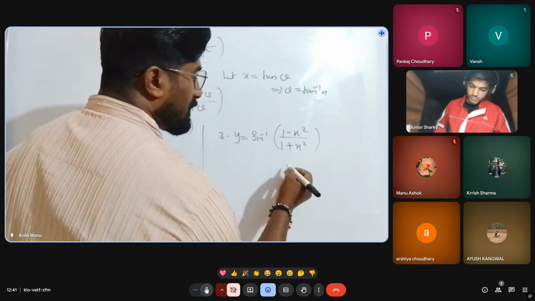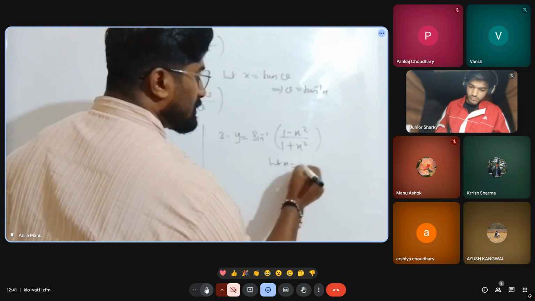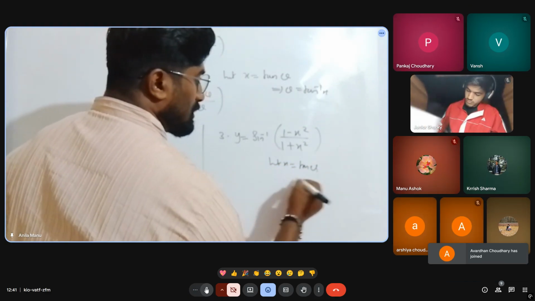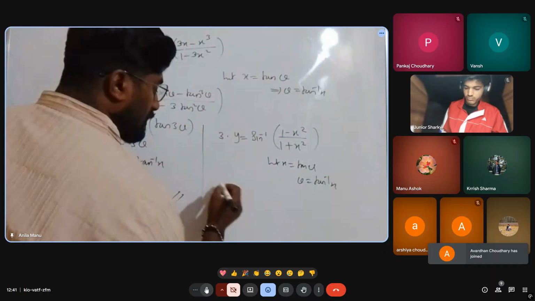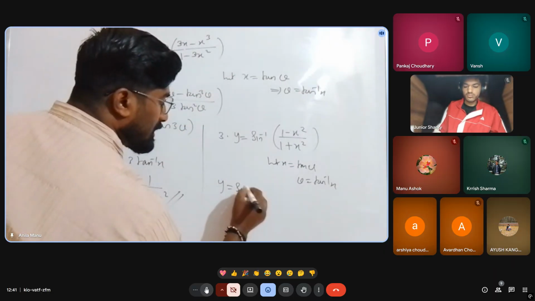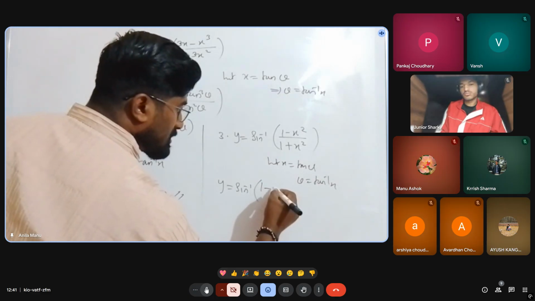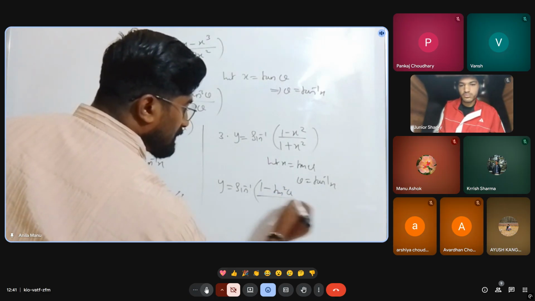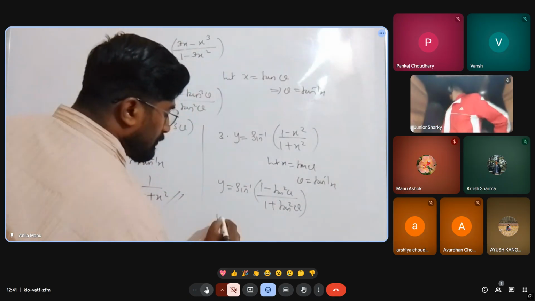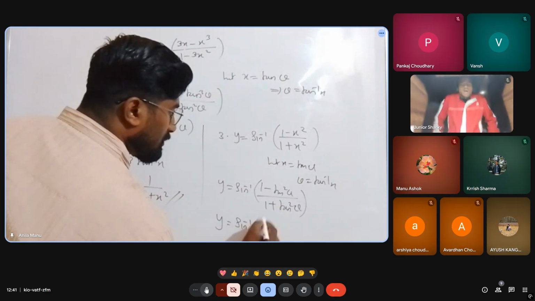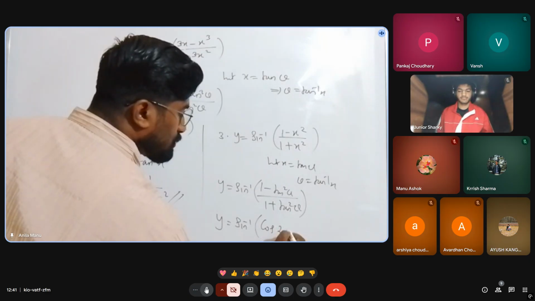So you can take x is equal to tan theta, so theta is equal to tan inverse of x. So y is equal to sine inverse of 1 minus tan square theta divided by 1 plus tan square theta. So y is equal to sine inverse of, this is cos 2 theta.